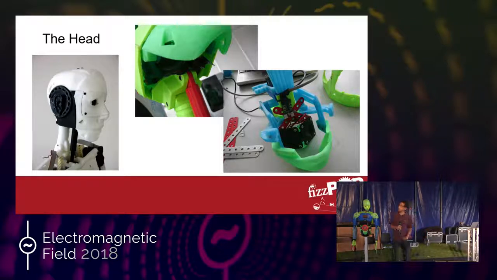I added 2 speakers in the mouth, but there are some derivative designs online as well that use speakers in the mouth. Now, the mouth is activated, so it can open and close with a servo motor, and the whole head is activated. It can turn sideways and go up and down.